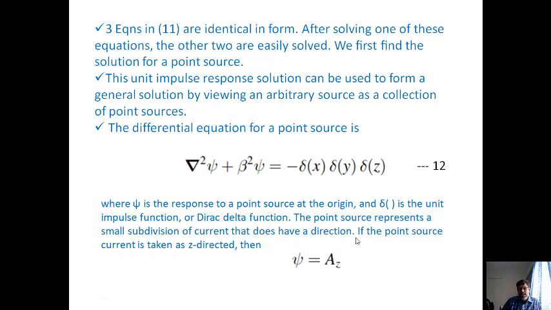But let us say the current element, where the current flows, is oriented along the direction of z, then psi can be represented as Az, because A is the magnetic vector potential. Since the current flow is taking place along the z axis, we can say the potential is also oriented in the same direction.